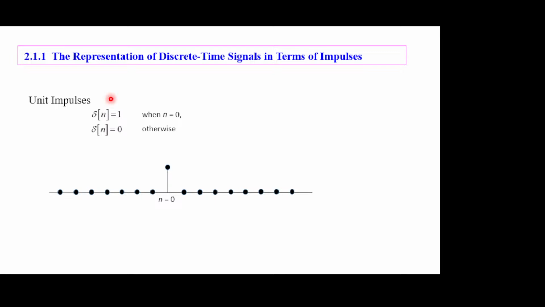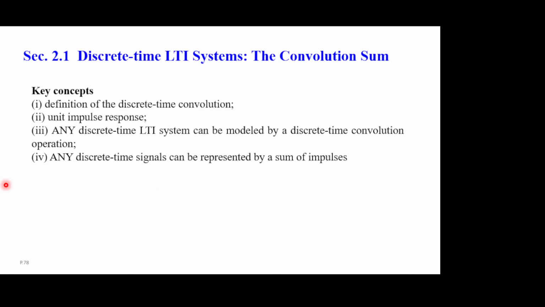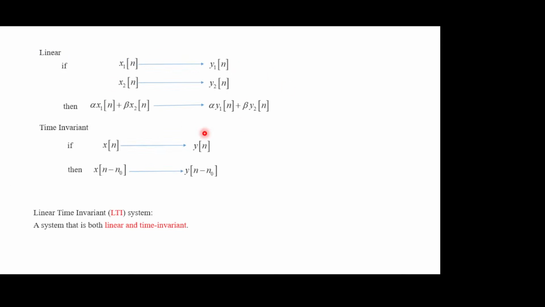So remember we defined this unit impulse function. This delta function is a very simple function. It has delta of n equal to 1 at n equal to 0 and equal to 0 everywhere else. And why we want to do this is because we want to use linearity, right?